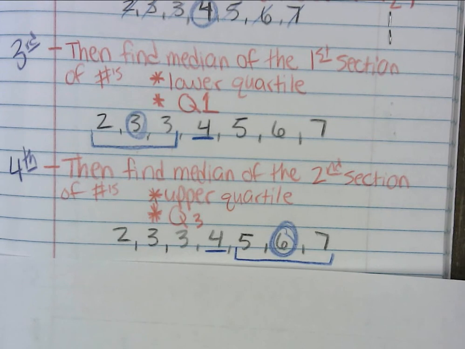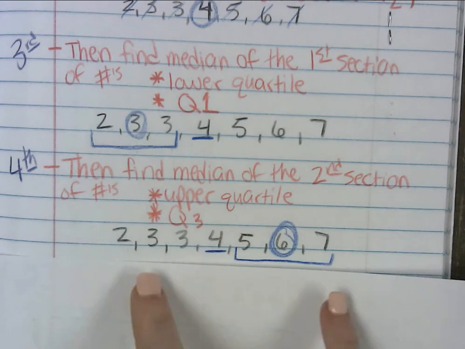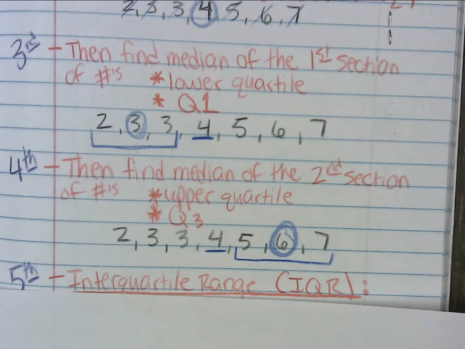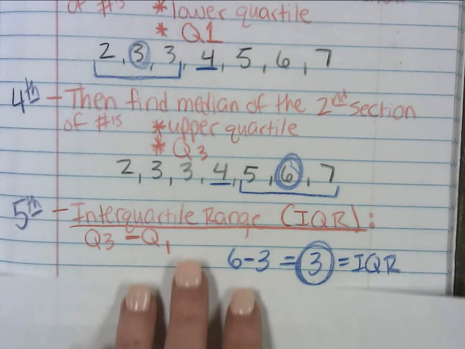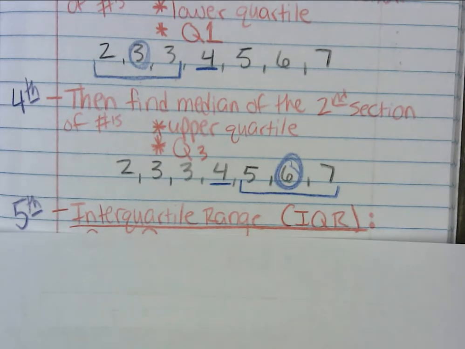What are we going to do with those numbers? Well, there's something called the interquartile range. It's a big, long word. Interquartile range. If you see the abbreviation IQR, that's what it stands for. IQR stands for interquartile range. Well, quartile just means like your sections, and we know range means biggest minus smallest, right?